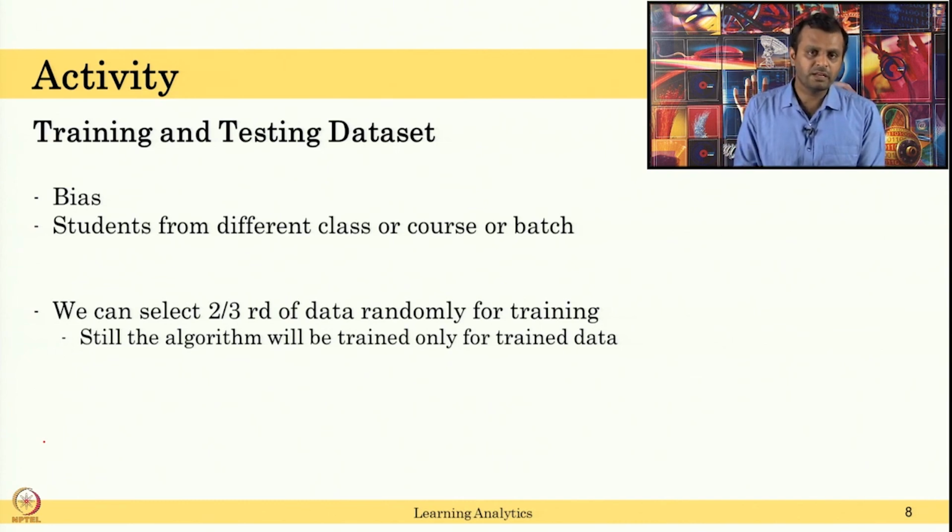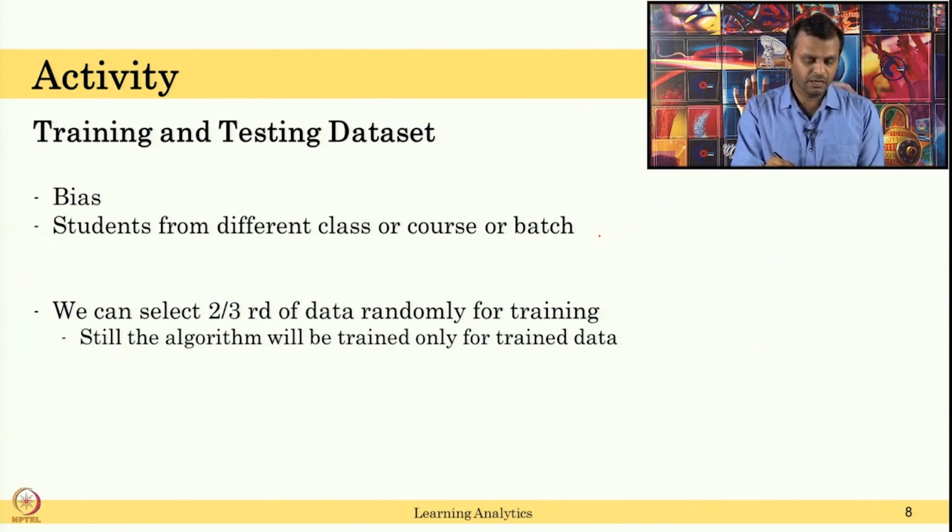So, when you split the data, there is a high chance that the test data set does not belong or may not even be related to the training data set. So, splitting the data simply as 666 and 333 will lead to bias because the students' behavior will be totally different. That is one thing.